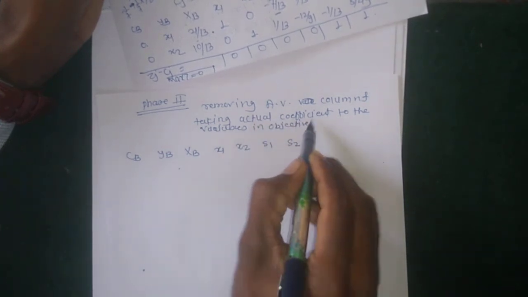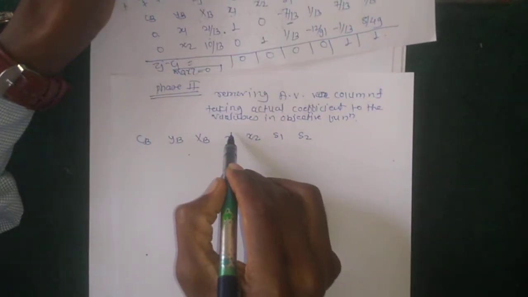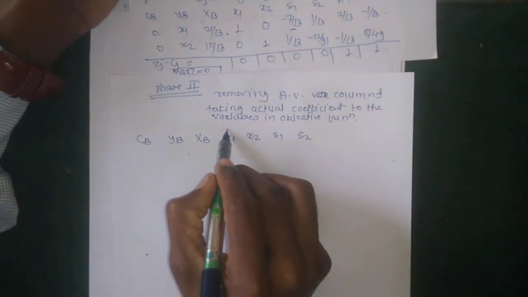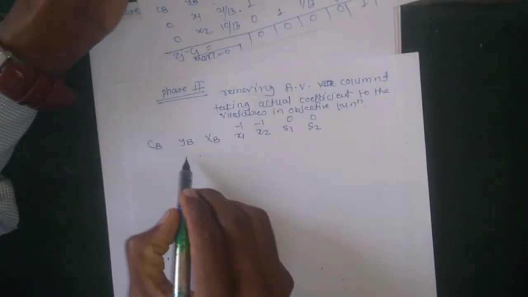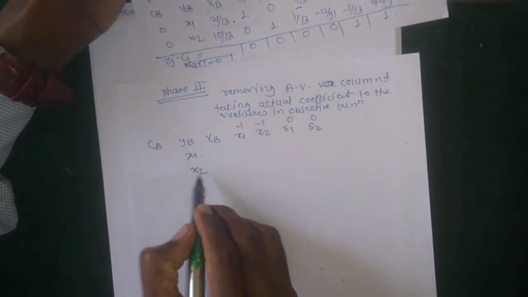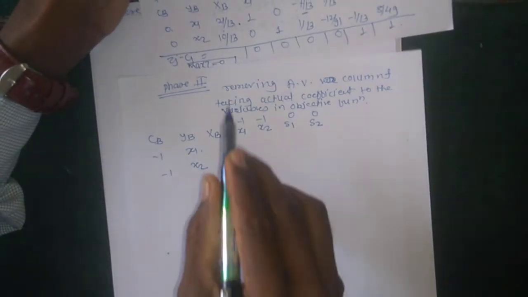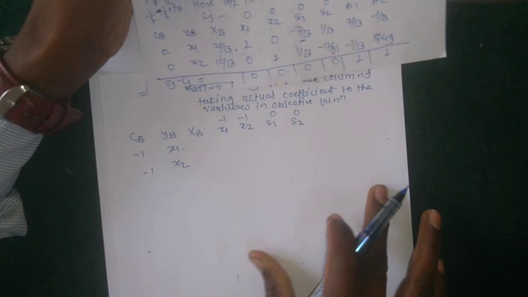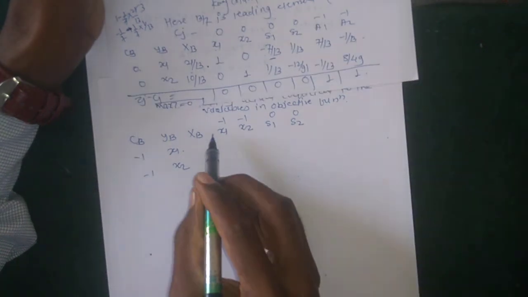Then we get the optimal solution. So actual value is here maximum z for -1 and -1, their coefficients are 0 0. So here x1, here x2, their value in objective function is -1, and write the other elements as it is from the last phase first column.